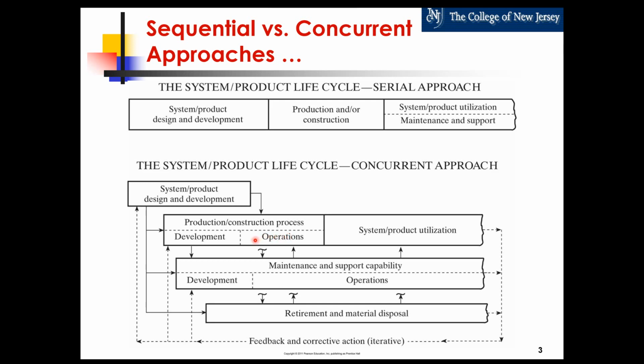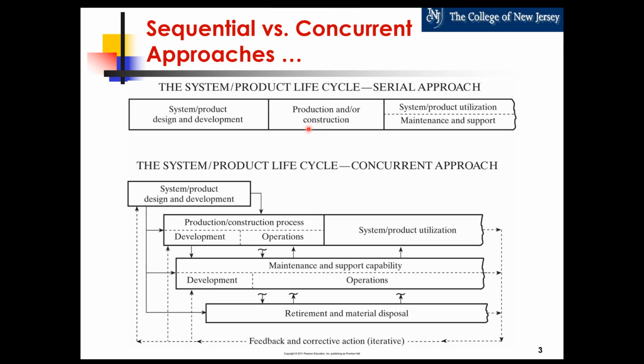We talked about all the maintenance and support visibility that we want to get as part of the system conceptual design. So we don't have to wait until we are here to find out that the system cannot be maintained and supported properly, or that something cannot be manufactured properly.